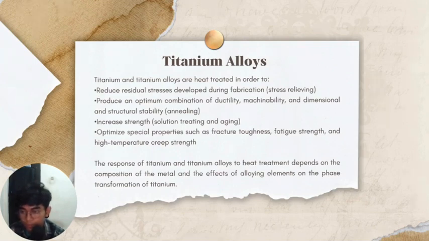A wide range of strength levels can be obtained in the alpha-beta or the beta alloys by solution treating and aging. And the last one is the titanium beta alloy. The principal final heat treatment for beta and near-beta alloys consists of aging of material previously solution treated in the beta or the alpha-beta phase.